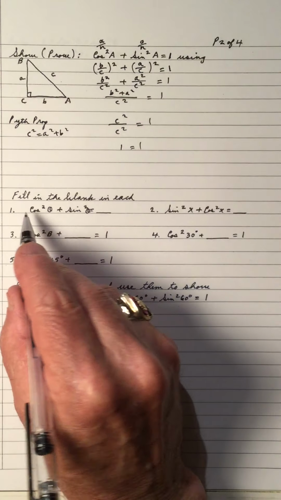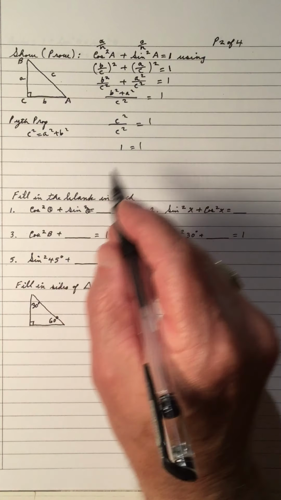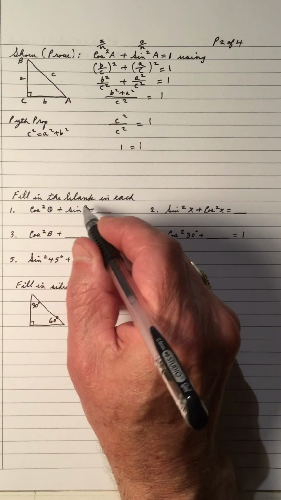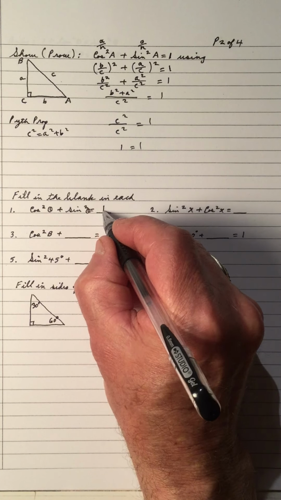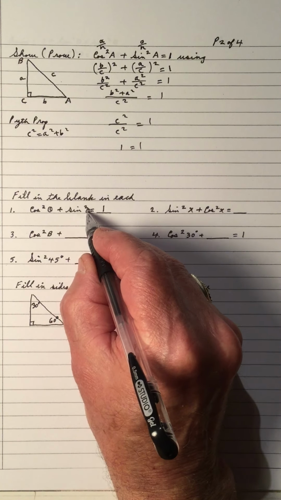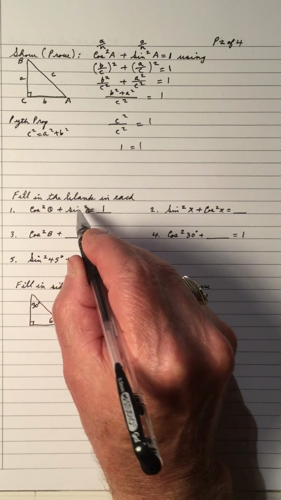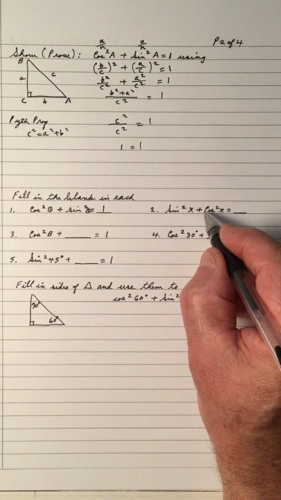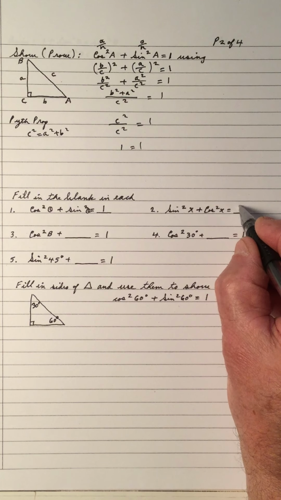Let's practice. Fill in the blanks. Cos squared theta plus sine squared theta is equal to 1. Notice the angle is theta, so cos squared plus sine squared equals 1. Sine squared x plus cos squared x is 1.